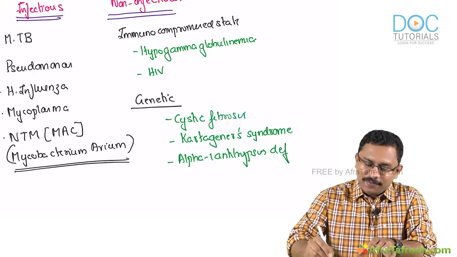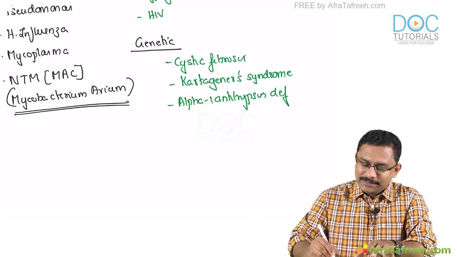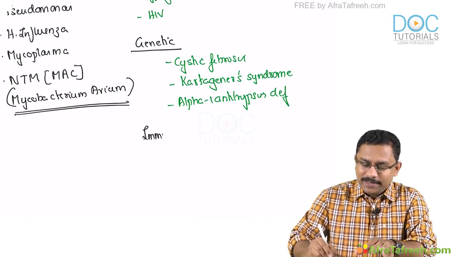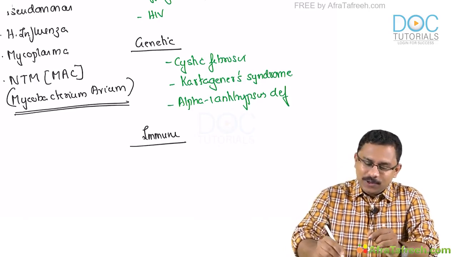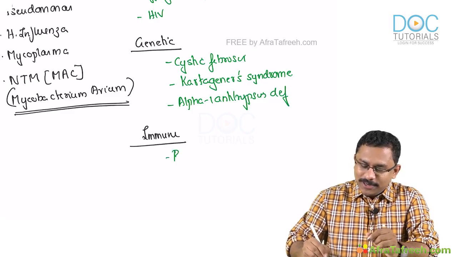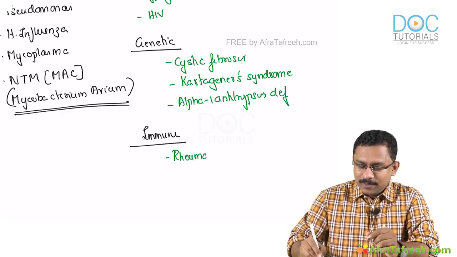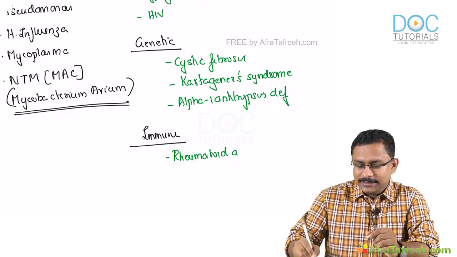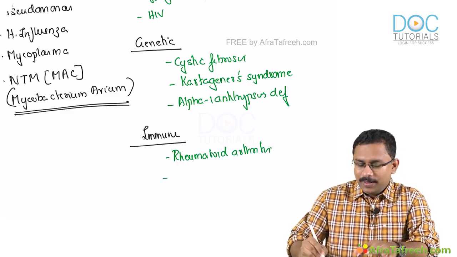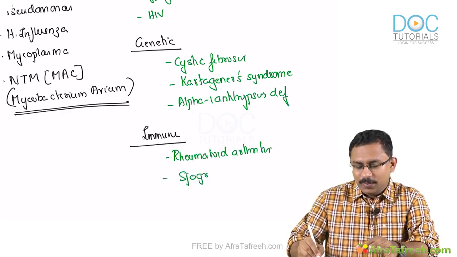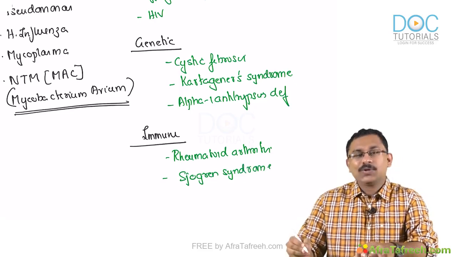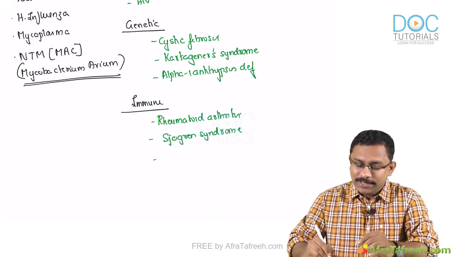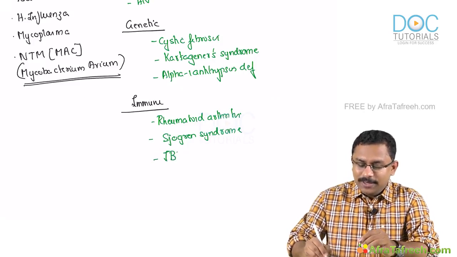Then you can have immune mediated conditions that can predispose to bronchiectasis, which includes rheumatoid arthritis, Sjogren's syndrome, and also bronchiectasis associated with inflammatory bowel disease.